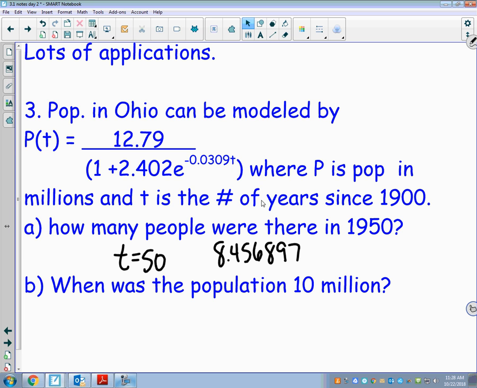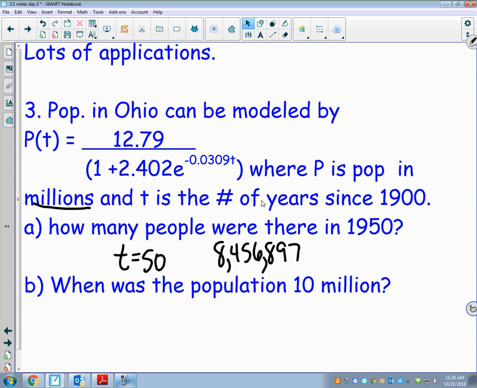That's million, right? So what's fantastic about this, because it says in millions, is that it's 8,456,897 people, or about 8.5 million if you want to say. So that's just reading it and understanding the problem.